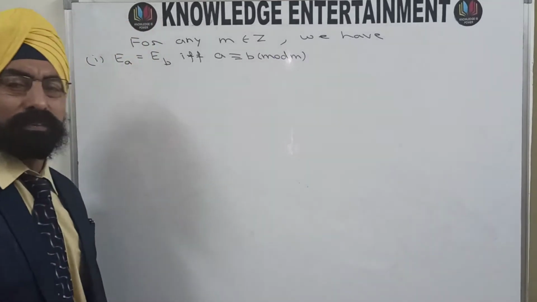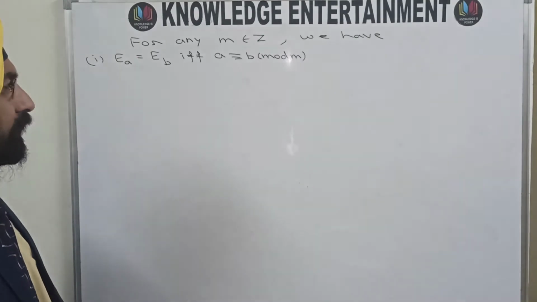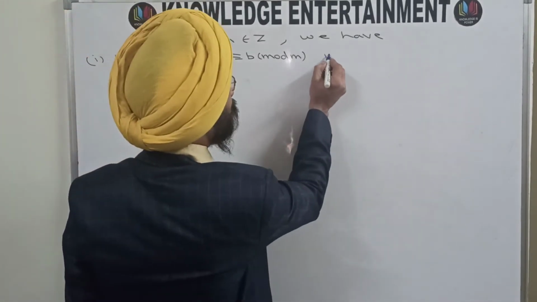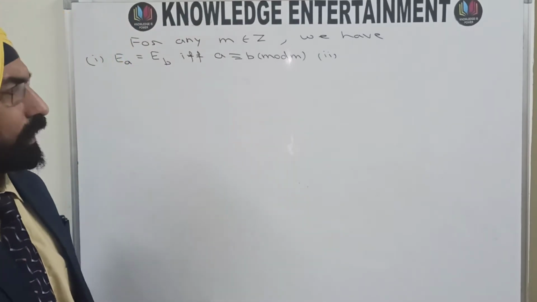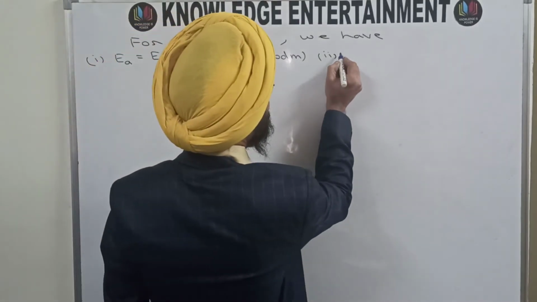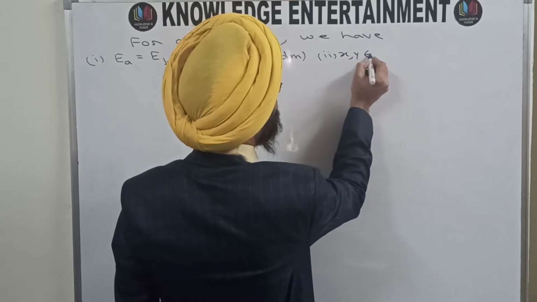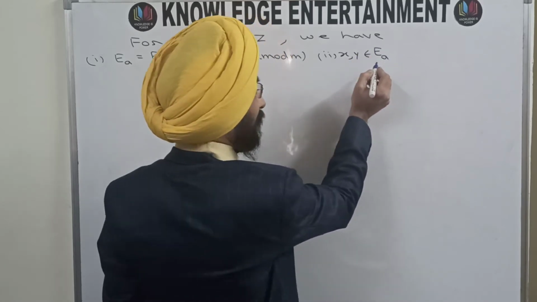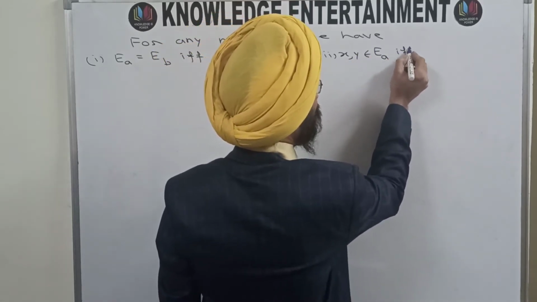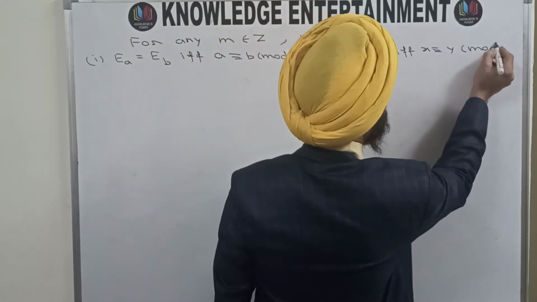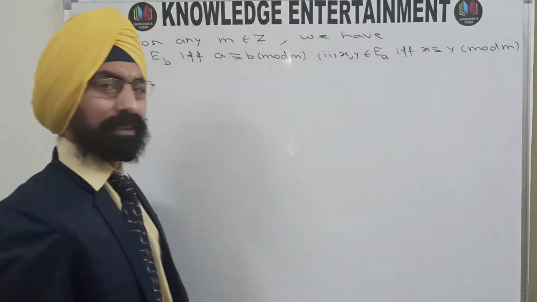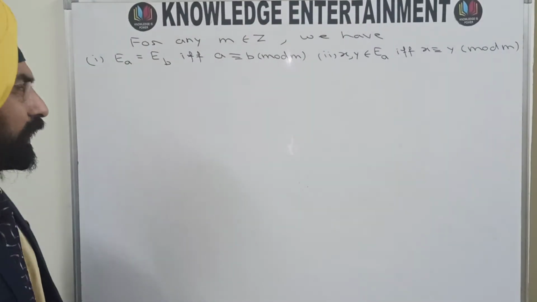This is the first property which we will prove here today. Secondly, I am writing it here because I am lacking space. I want to write the proofs also here. The second one is x and y belong to the class of a if and only if x is congruent to y modulo m. This is the second one which we will prove here.